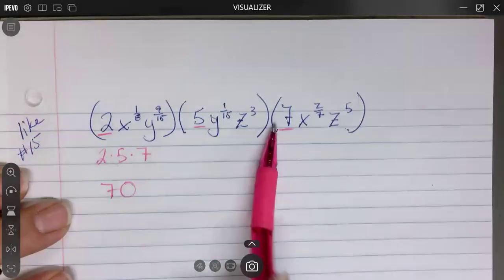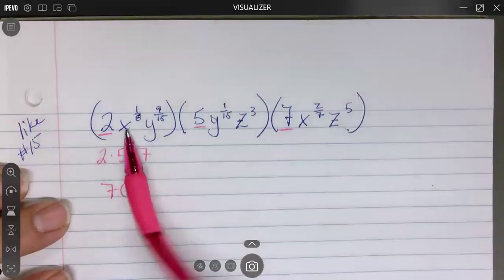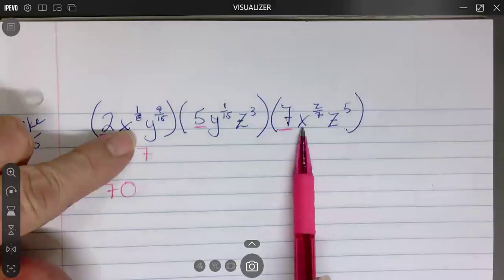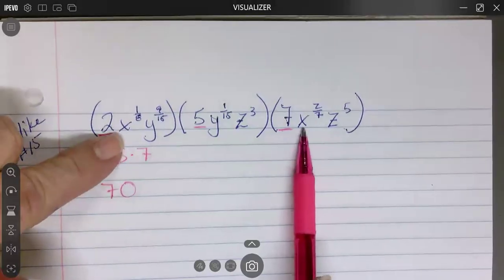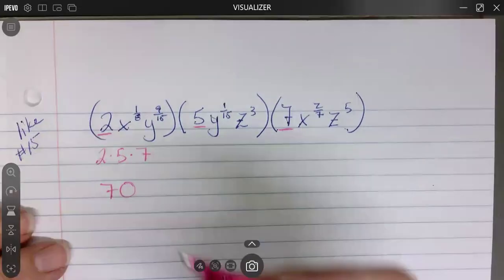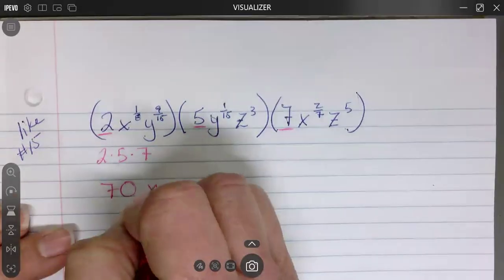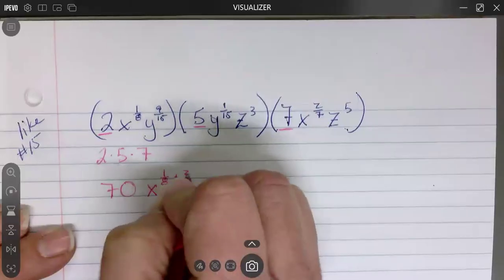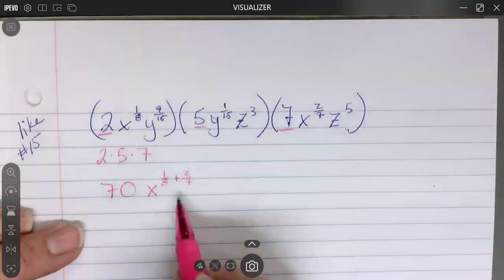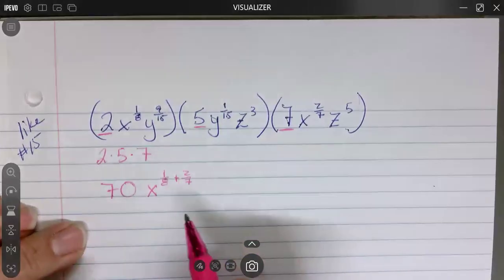And then we are multiplying, right? This is all multiplication. So we're multiplying the same base. So an x times an x. What do I do with the exponents when I'm multiplying the bases? We add the exponents. So then we've got x to the 1/8 plus 2/7. Oh, that is very ugly for having to add those fractions. But we'll do it.